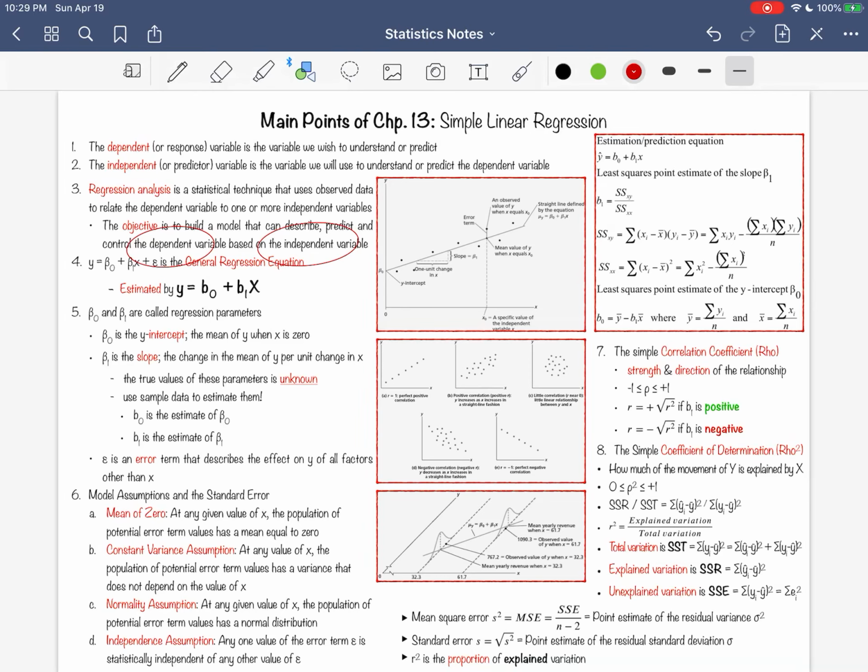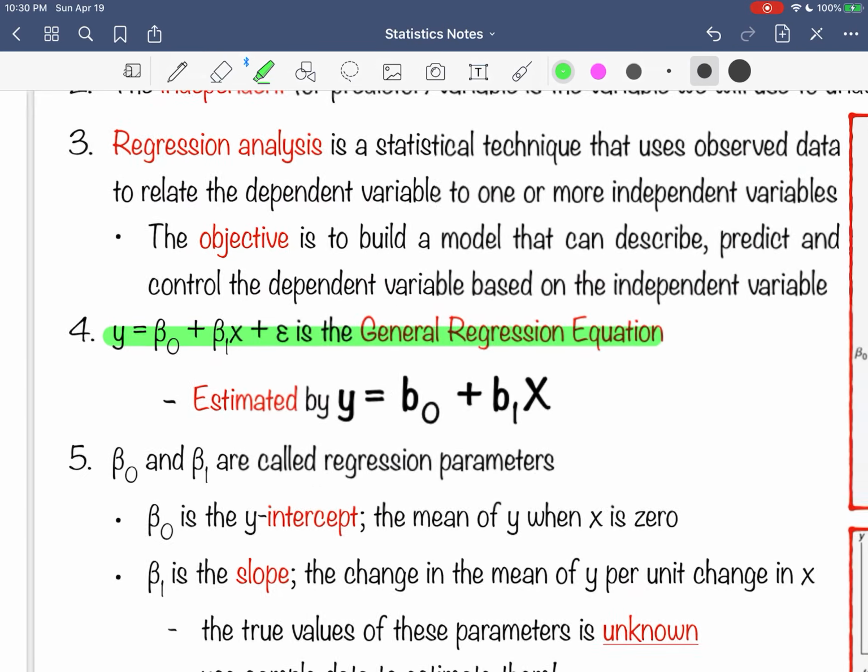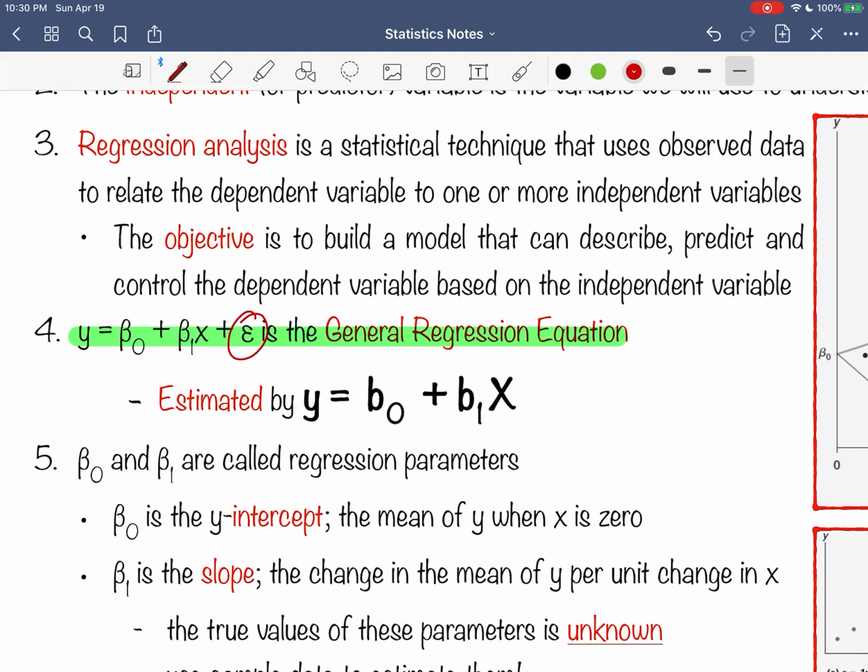So there is a general equation discussed here. The general equation says that y is predicted by an intercept plus some slope and an error term. The error term is described by this variable here called epsilon.